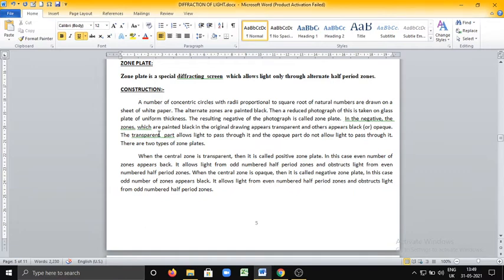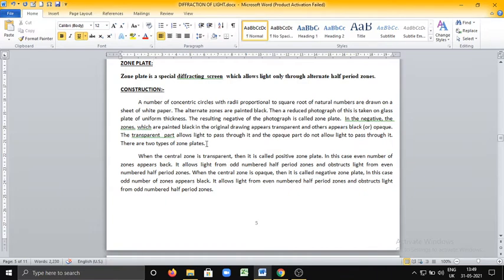In the negative, the zones which are painted black in the original drawing appear transparent and the others appear black or opaque. The zones which are transparent white in the original sheet appear opaque or black in the negative of the photograph.